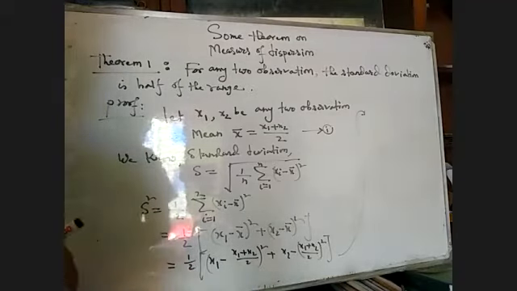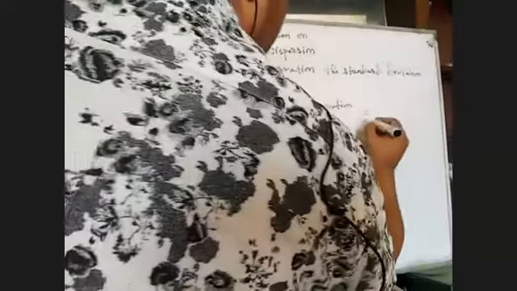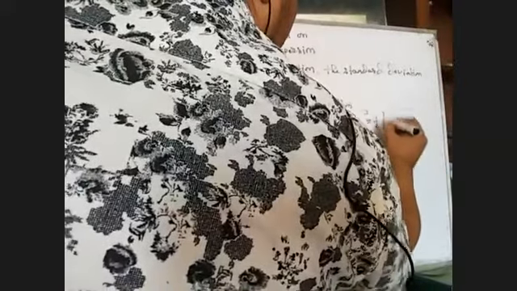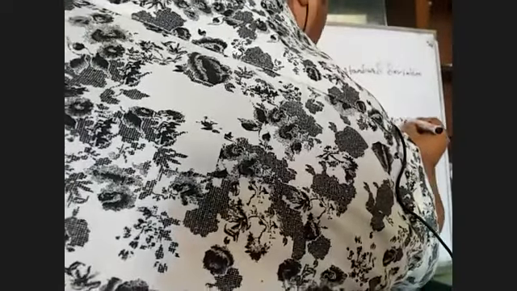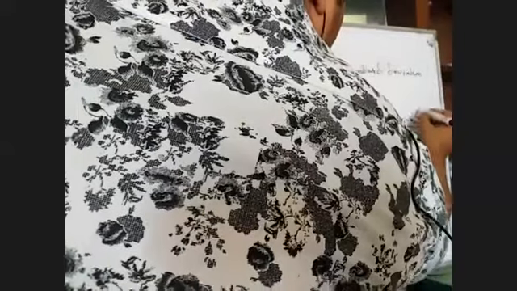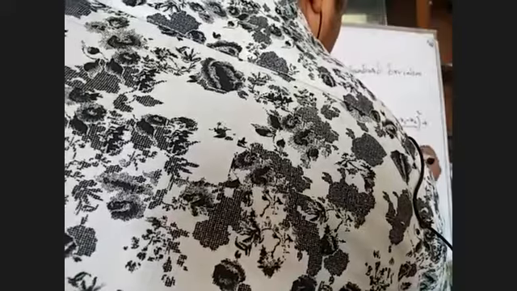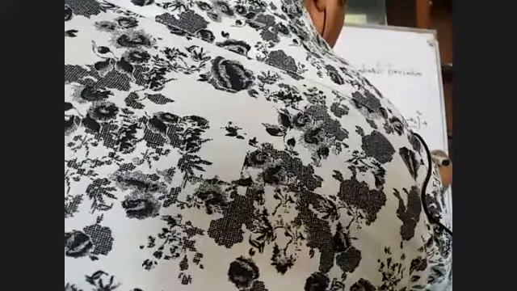After this line, just taking LCM 2 here, this equals to half, 2x1 minus x1 minus x2 divided by 2 whole square plus 2x2 minus x1 minus x2 divided by 2 whole square.